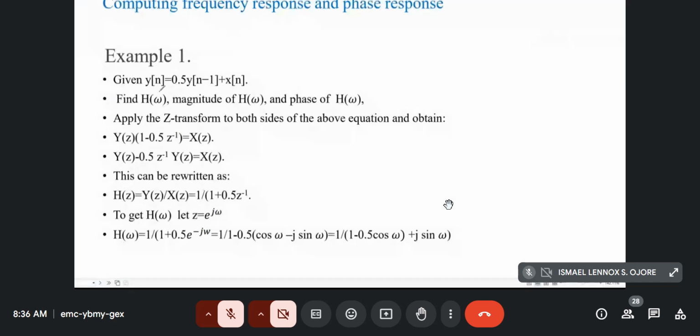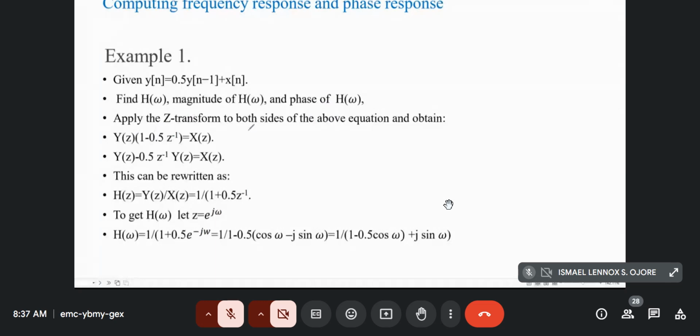So you are given y[n] as that. It's a difference equation, and then you have been asked to look for the frequency response, magnitude response, and phase response. Yeah.